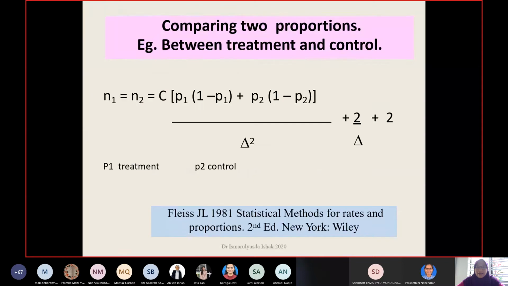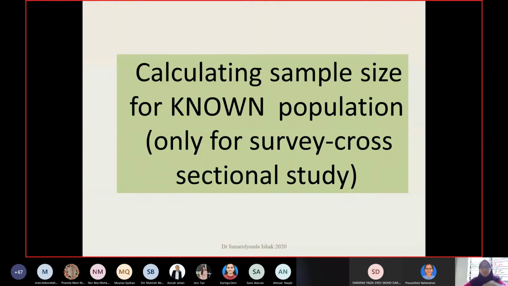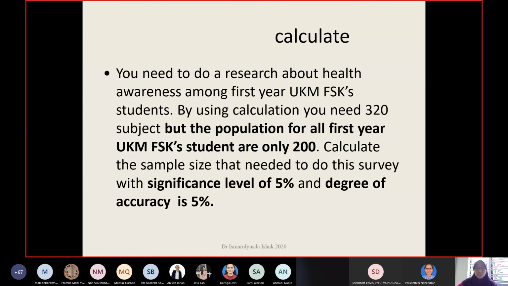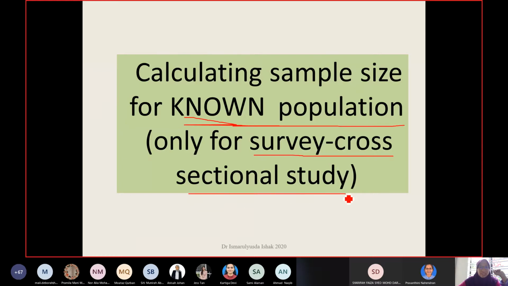All right, another one. This is the last one. After this, maybe we go to G*Power. You need to do research about health awareness among first year UKM FSK students. This is for known populations, for survey, cross-sectional study.